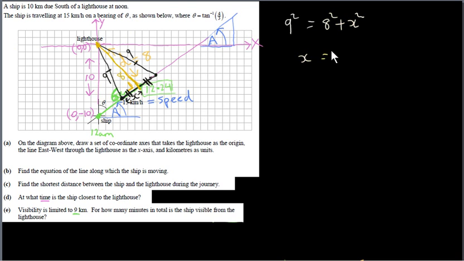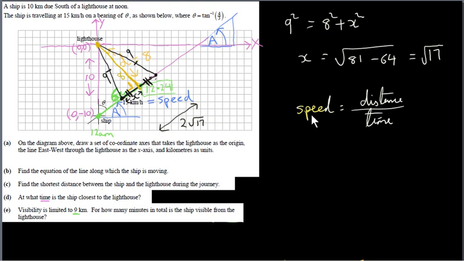So we have x equals the square root of 9 squared is 81 minus 8 squared is 64. So x is root 17, but the total distance from here to here is 2 times x. That's 2 times root 17.